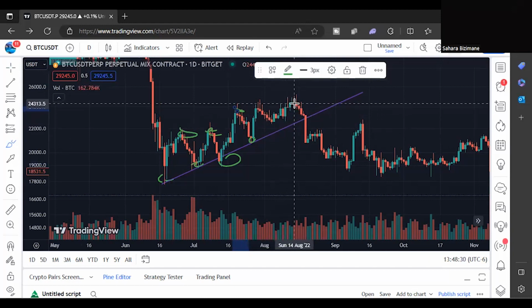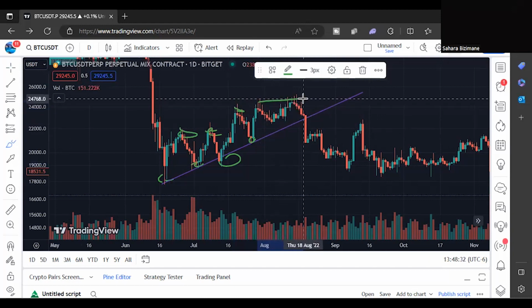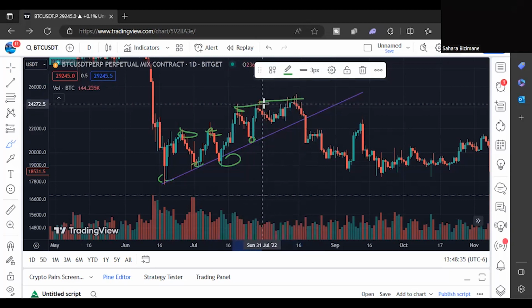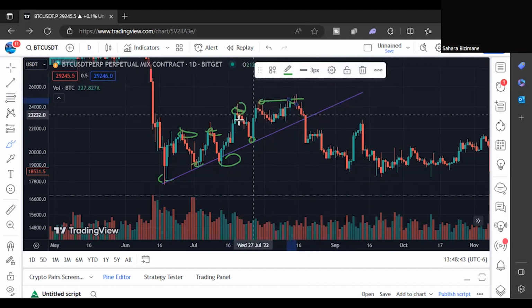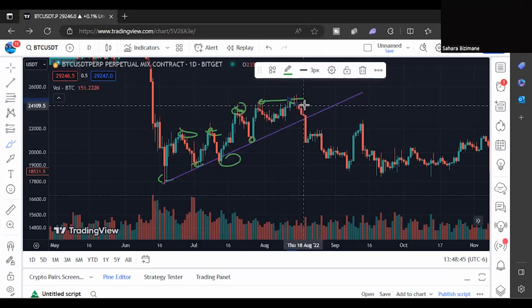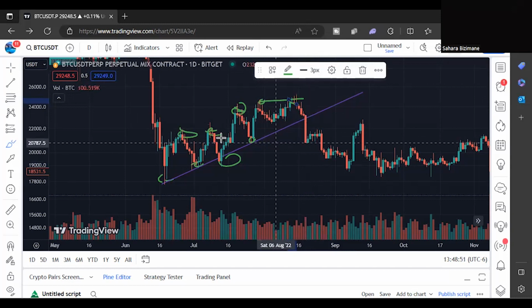Instead, it went back up again and formed another top. In fact, this makes it a triple top, because we have a top here, another one here, and a third one. This is a bearish pattern. Because of this, the price was able to break this uptrend line.